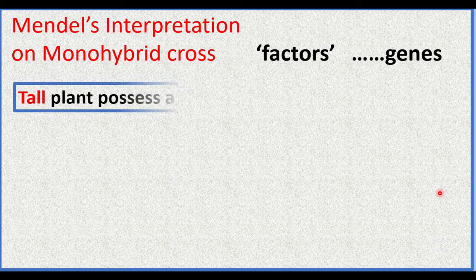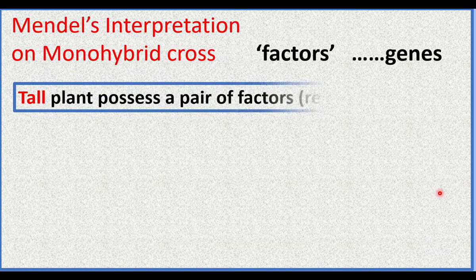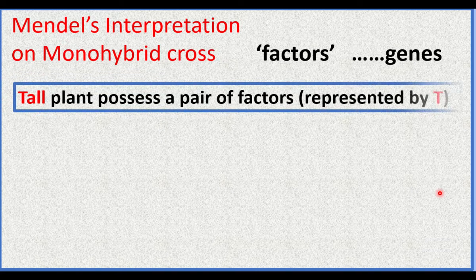Tall plant possesses a pair of factors. The pair of factors for tallness is represented by capital T. Tall is a dominant character, so the first letter of the dominant character is used to represent it. So the factor for the dominant character is capital T.